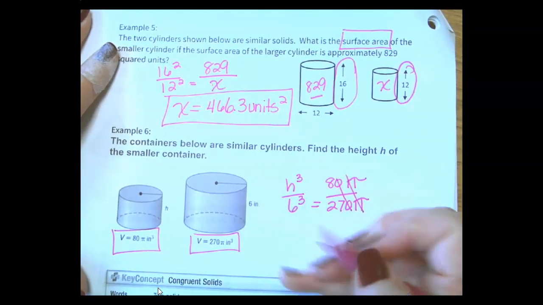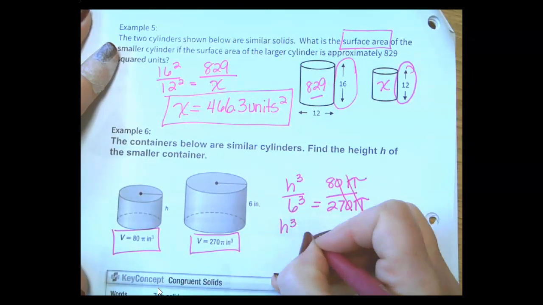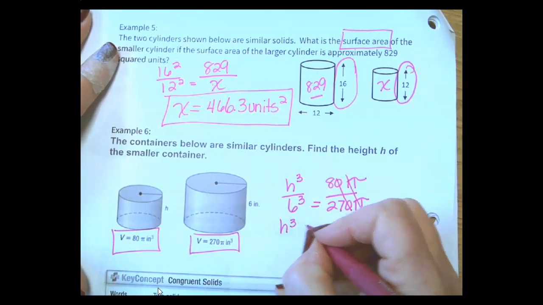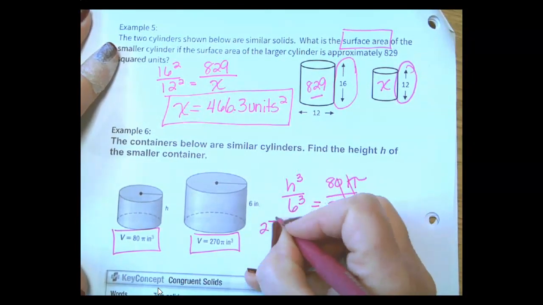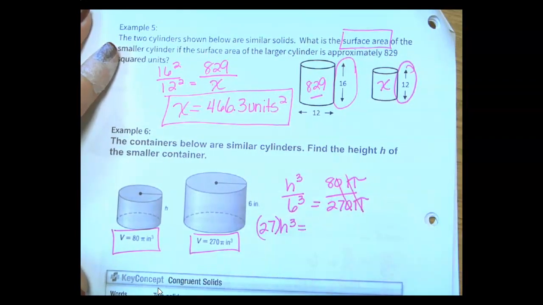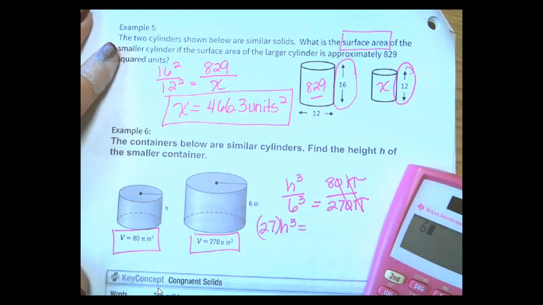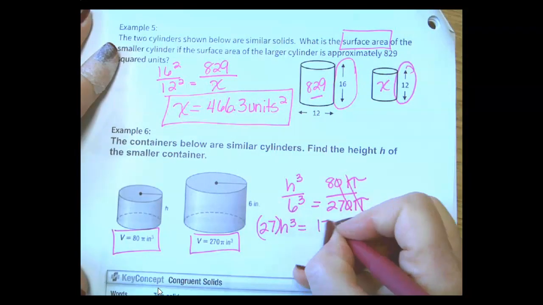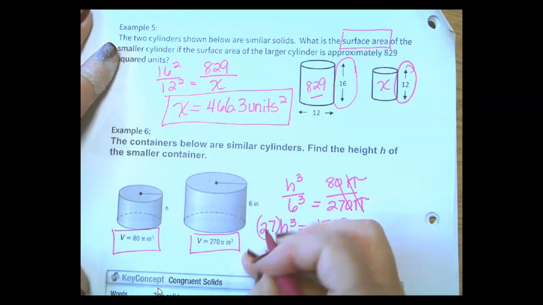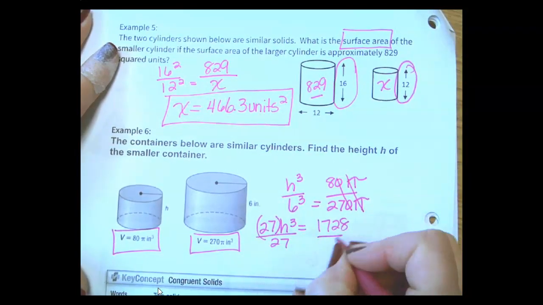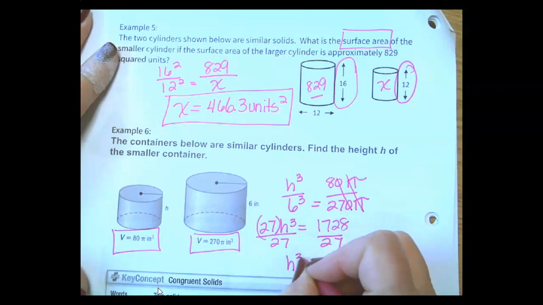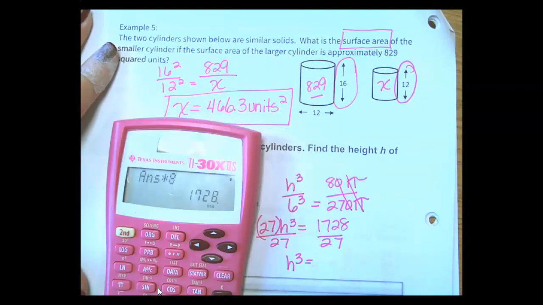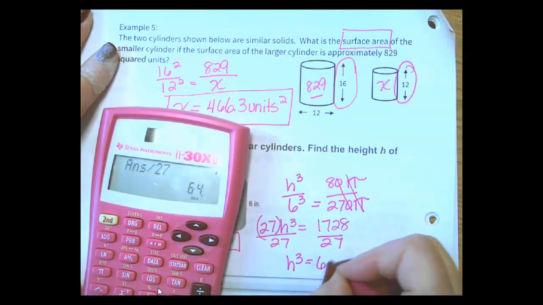So h to the third times 27 is equal to 6 cubed times 8, which equals 1728. Finding h, so I'm going to divide by 27. h cubed equals 1728 divided by 27, which gives me 64.